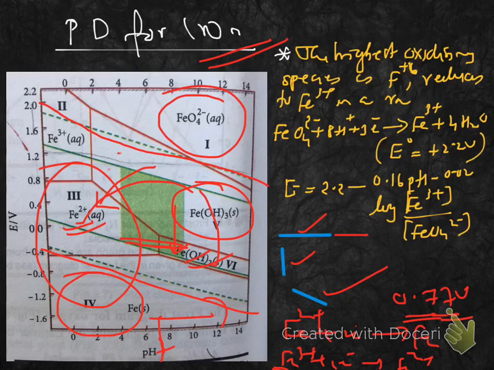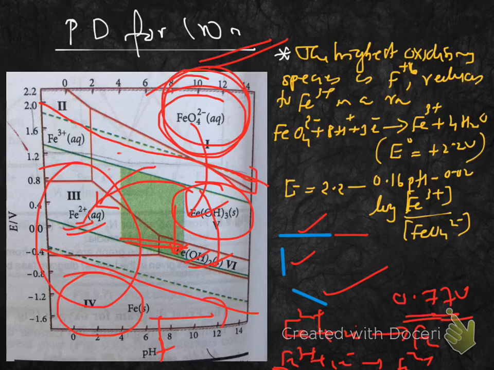Fe can reduce water to hydrogen, especially in a highly acidic medium. In the same way, FeO4 2- is stable in this region, but in presence of water, it can oxidize water to oxygen and FeO4 2- gets reduced to Fe(OH)3. So FeO4 2- is stable only in this region.